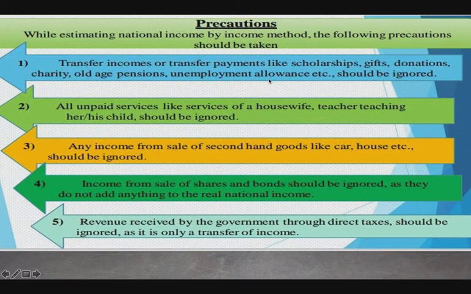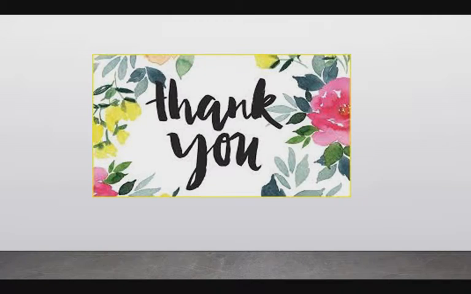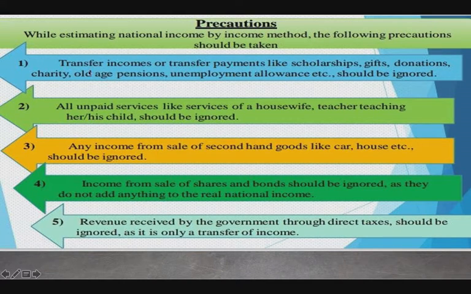Then, old age pension. Old age pensioners do not work; they are retired persons, so they receive the pension from the government. The government pays the pension to the old person without any participation in production activity.